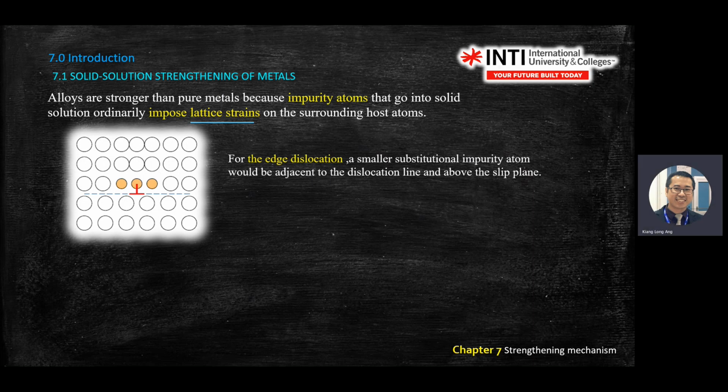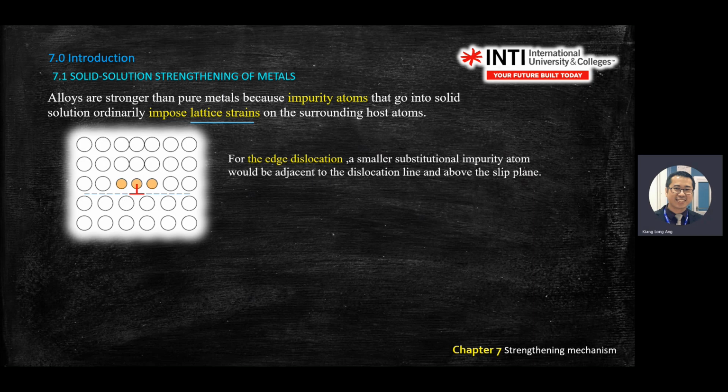When there's an edge dislocation, you can put a smaller substitutional impurity atom inside here, and you know that just now we had two diagrams. A small atom creates tensile strain; a big atom becomes compressive strain.